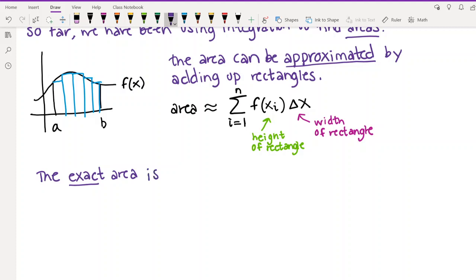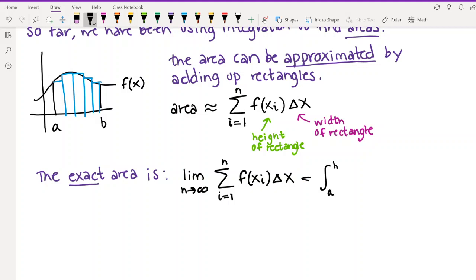So the exact area is what we get if we take the limit as n approaches infinity of that whole sum that we have written above. And when you take the limit, that's what allows you to then turn it into an integral. So truly, when you're taking the integral from a to b of a function, that's the exact same result that you would get if you did this rectangle business and took a limit.